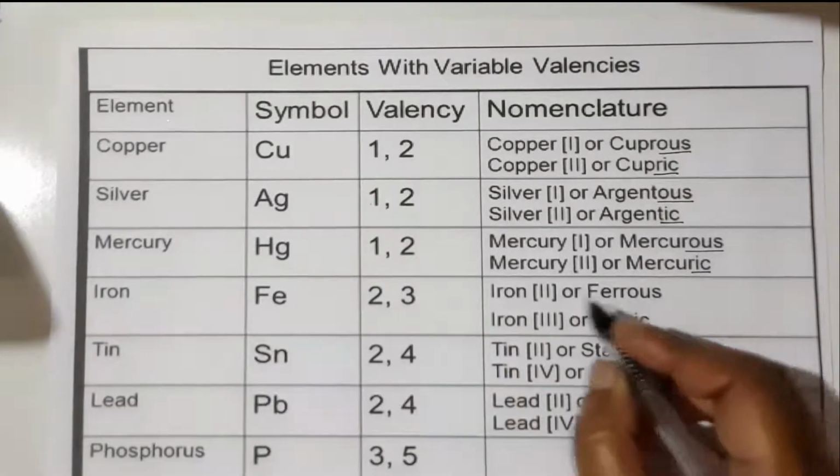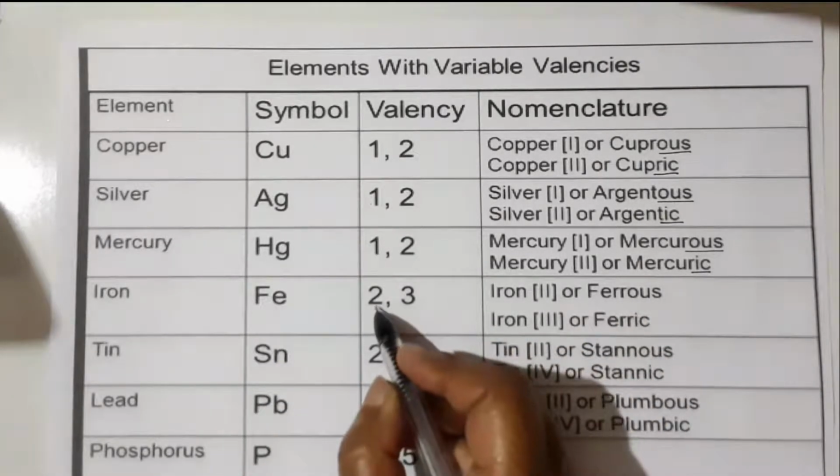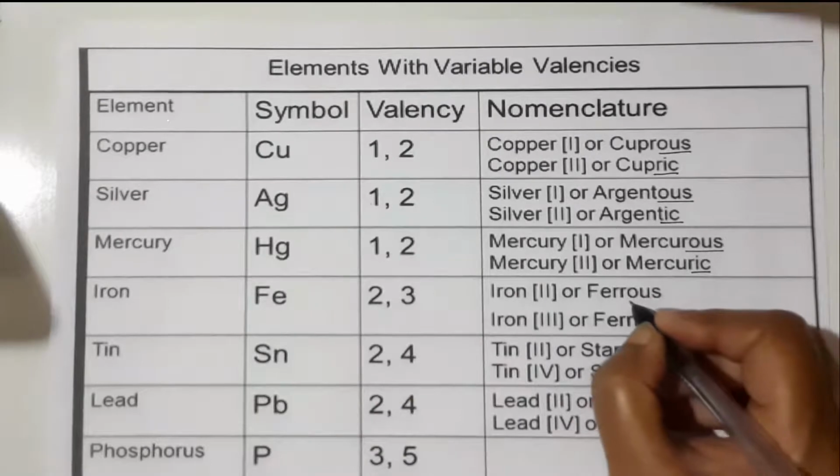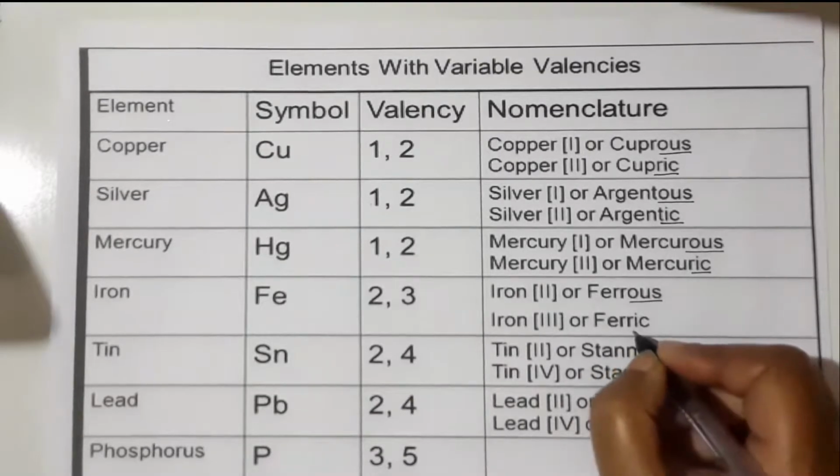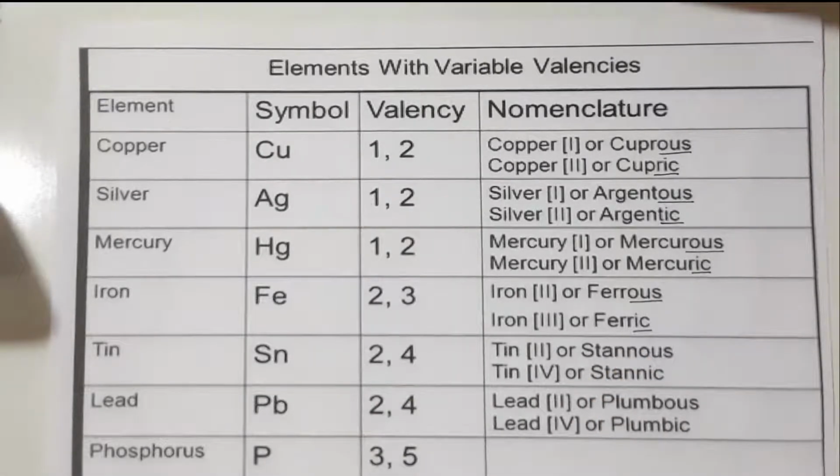For iron, the lower valency is 2, so it is named OUS, and the higher valency IC. Similarly for lead, which is plumbous, that is OUS and IC.